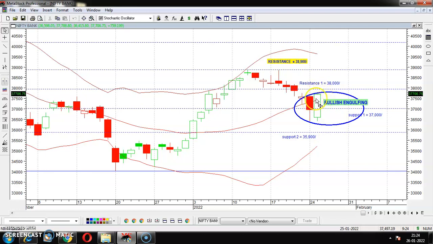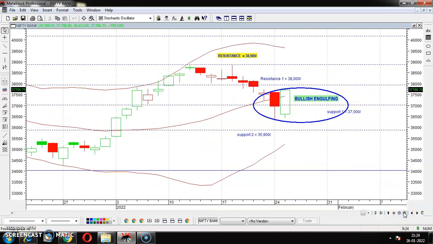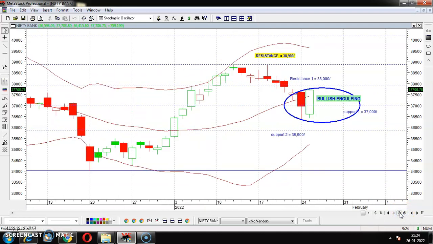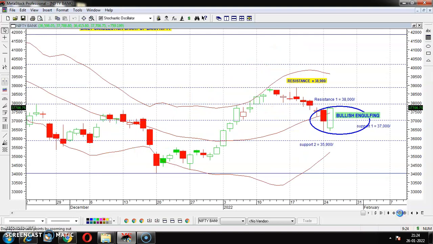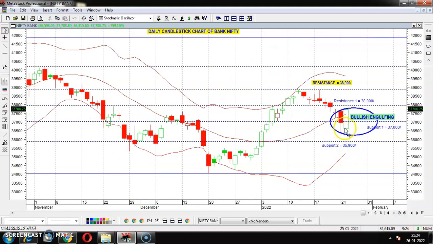Not only that, the Bank Nifty has to close above this candle, so it means above this range. If it happens, then obviously we can expect more rally towards the upside, as far as the Fibonacci retracement zone is concerned. If these two conditions are fulfilled, then we can expect a move towards the upside.